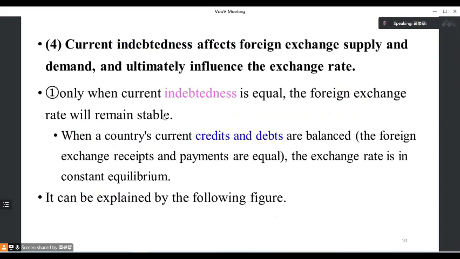Current indebtedness affects foreign exchange supply and demand, and ultimately influences the exchange rate.